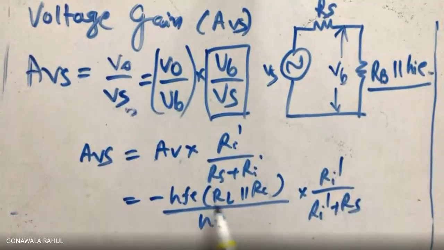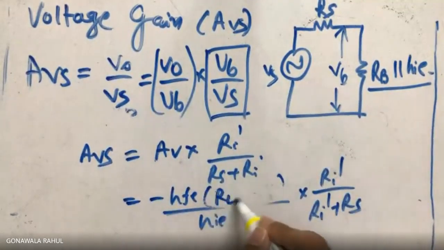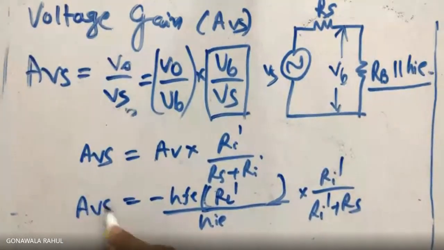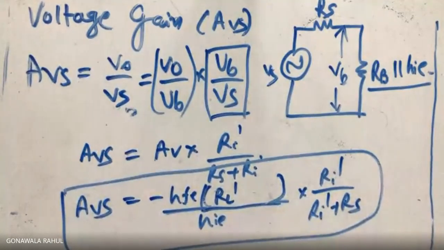Now simplifying this, RL parallel RC is RL dash, so I am replacing that directly here with RL dash. So our final equation will be like this. Clear? Voltage gain of the circuit.